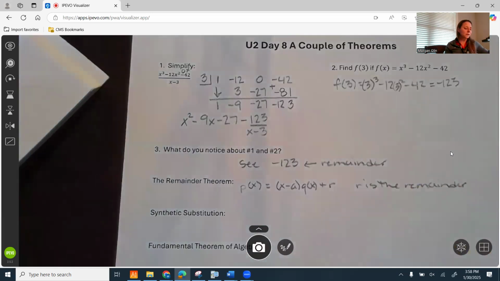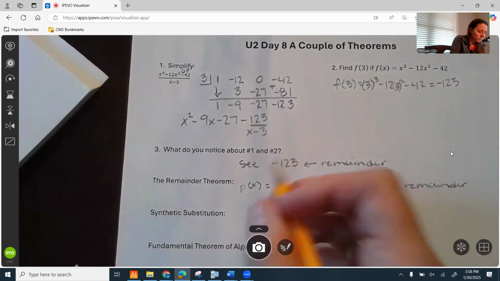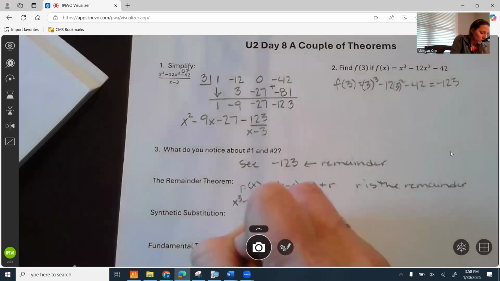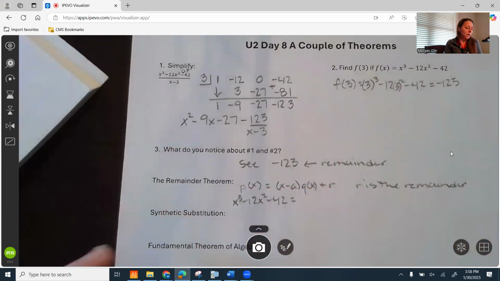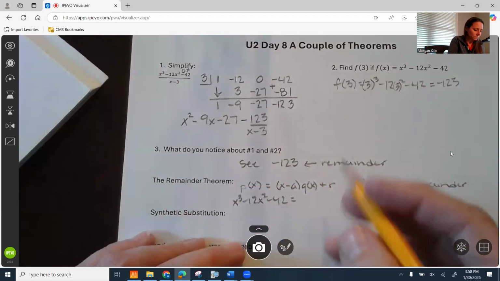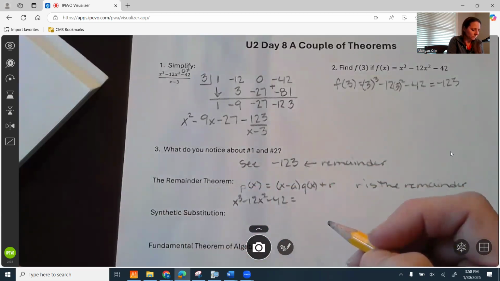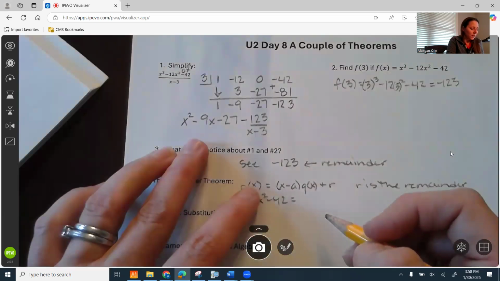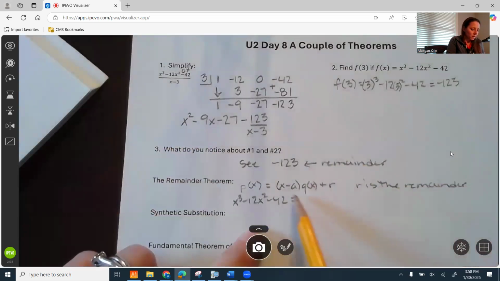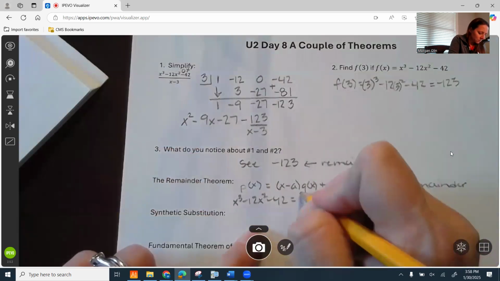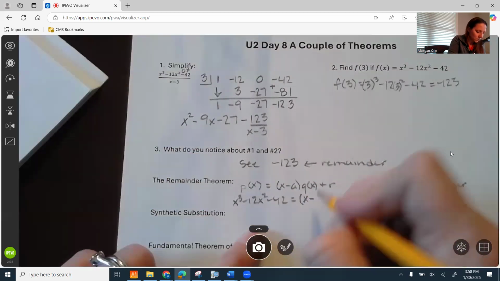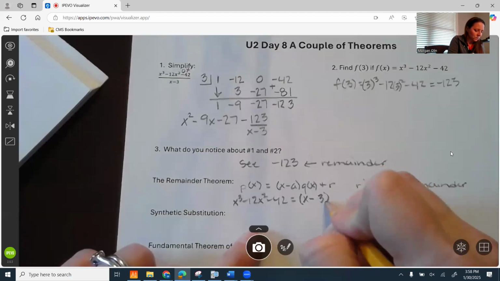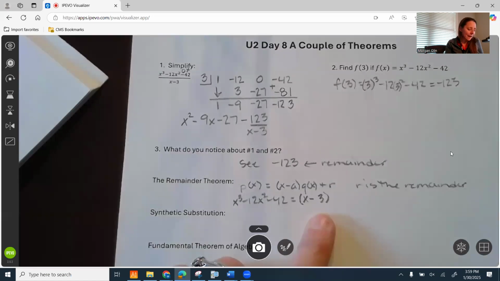Basically, what this is saying is, if I have p of x, which in this case would be x cubed minus 12x squared minus 42, it's going to equal x minus a, which was x minus, what do we divide by? x minus 3, times q.